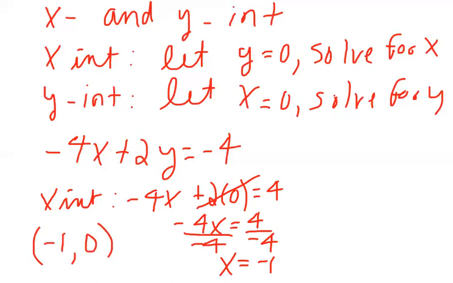By the way, guys, whenever we talk about the X-intercept, it represents a coordinate point on the X-axis. A point on the X-axis has a 0 component for the y and some other value for the x. Now, let's move on to the Y-intercept. To find the Y-intercept, we're going to go into the equation, substitute 0 in for x.